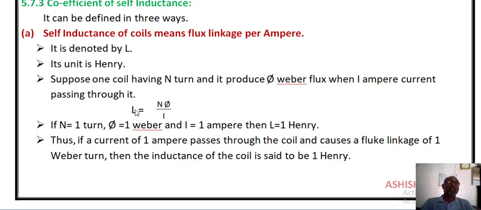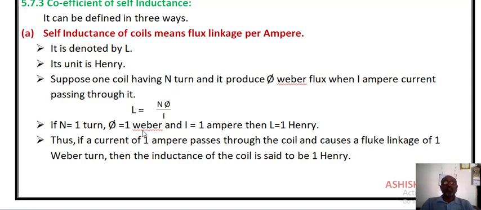So here we can write self-inductance L is equal to N phi divided by I, where N phi is nothing but the flux linkage. So if N is equal to 1, that means the coil consists of 1 turn and it produces 1 Weber flux when 1 ampere current passes through this coil, then we can say that L is equal to 1 Henry.